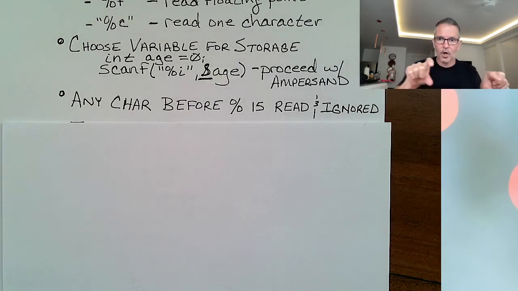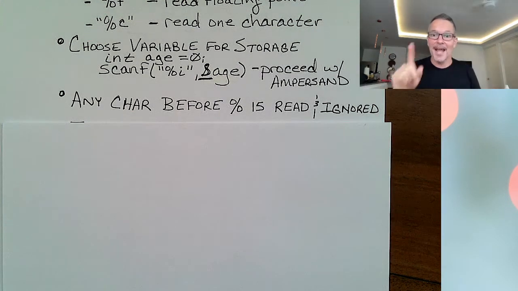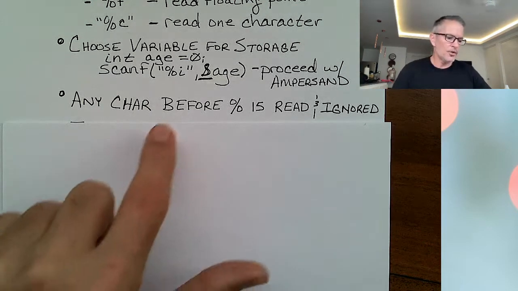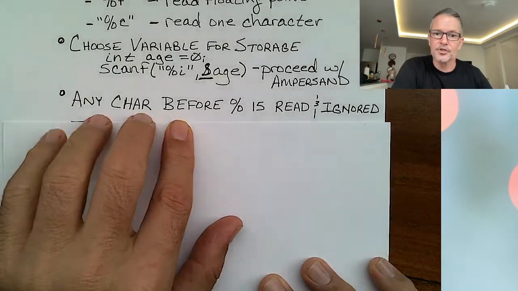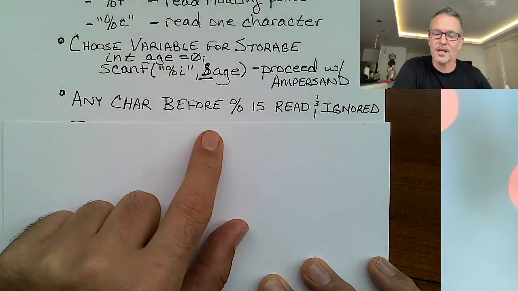And then after all of those characters have been read and matched to the string, now it will read in the next character that is typed on the screen and put it into the variable you specify. So you don't see this used a lot, but you can certainly ask the computer to read specific characters.